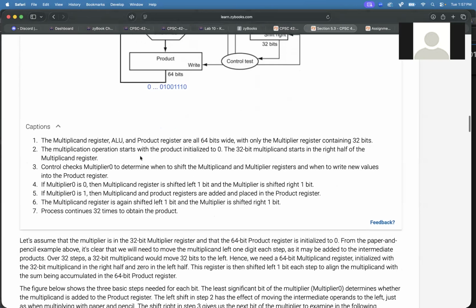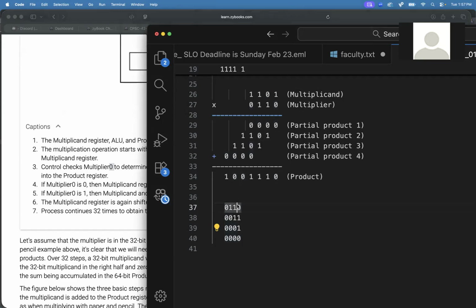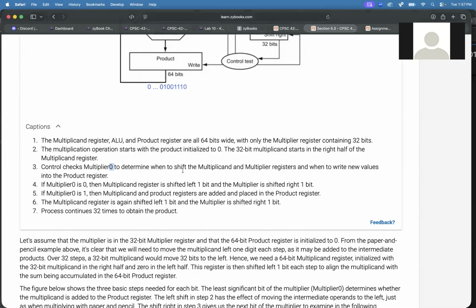Now you can read the instructions here, right? So it says control checks multiplier 0. That's the rightmost bit, right? So these bits are going to be the multiplier 0 to determine when to shift the multiplicand and multiplier registers and when to write new values. If multiplier 0 is 0, multiplicand is shifted left 1 bit. Multiplier is shifted right 1 bit.